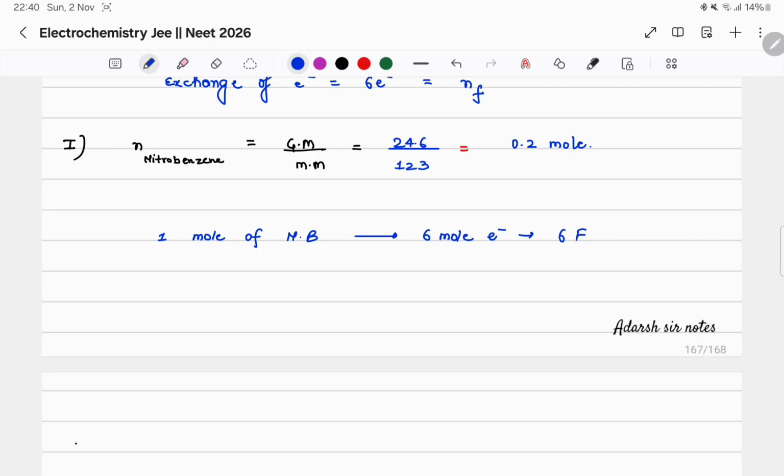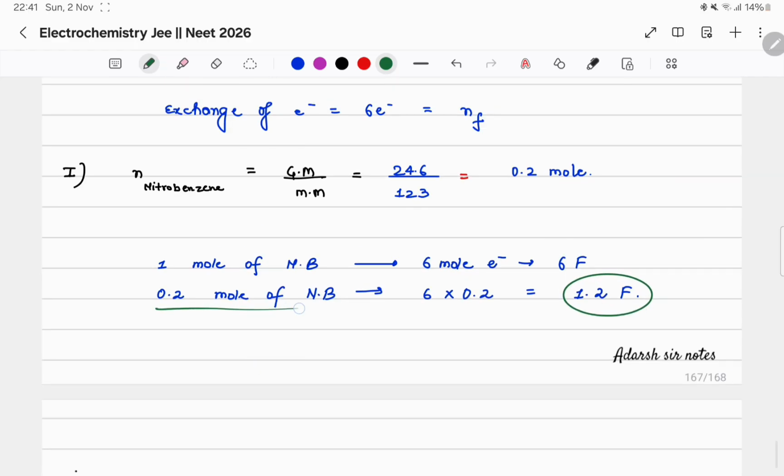So 1 mole of nitrobenzene needs 6 Faraday. But how many moles of nitrobenzene are there? 0.2 mole. So in the same way, 0.2 mole of nitrobenzene will need 6 multiplied by 0.2, which is 1.2 Faraday.